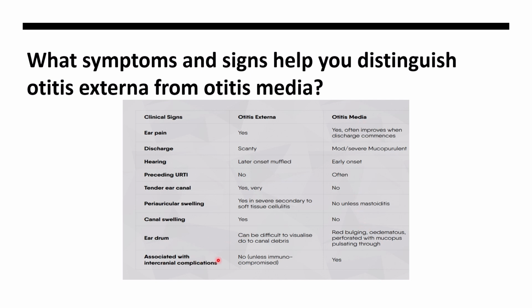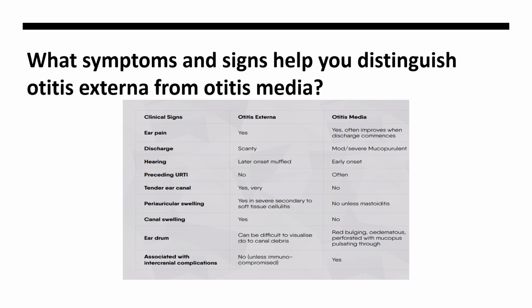The eardrum can be difficult to visualize if a patient has otitis externa. When you see otitis media, the eardrum is red, bulging, or sometimes perforation can also occur. Intracranial complications are not associated with otitis externa, but they are present in otitis media.